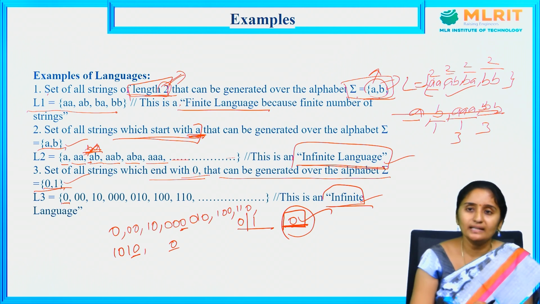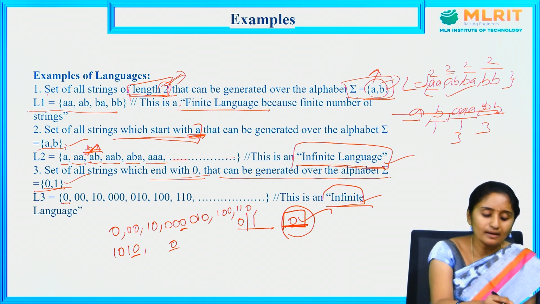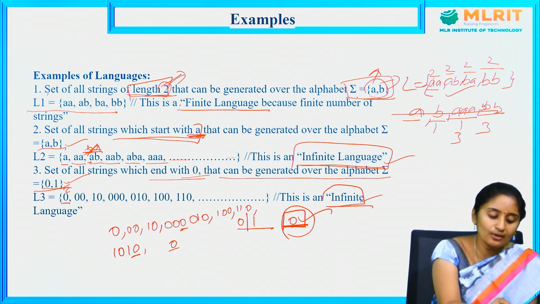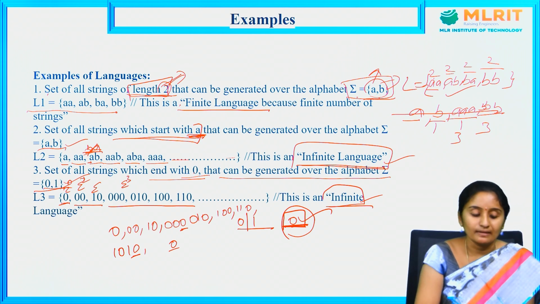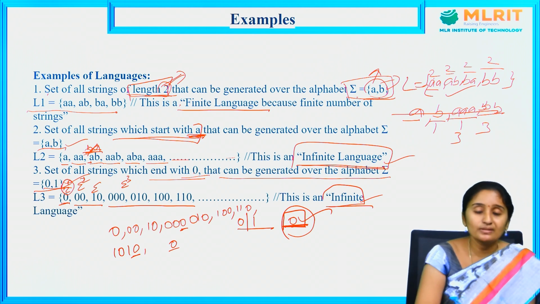So how are we writing these languages? They are written as sigma power 0 union sigma power 1. Sigma power 1 is 1-length strings, sigma power 2 is 2-length strings, and sigma power 3 is 3-length strings. Here we didn't write sigma power 0. Why?